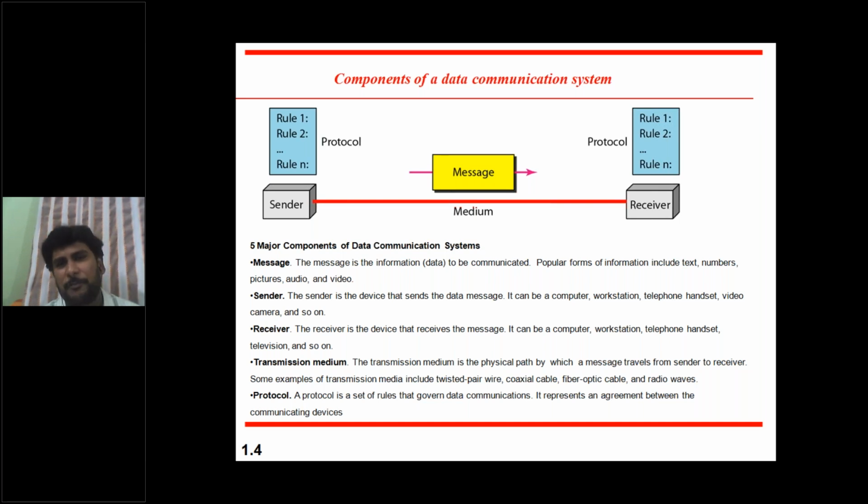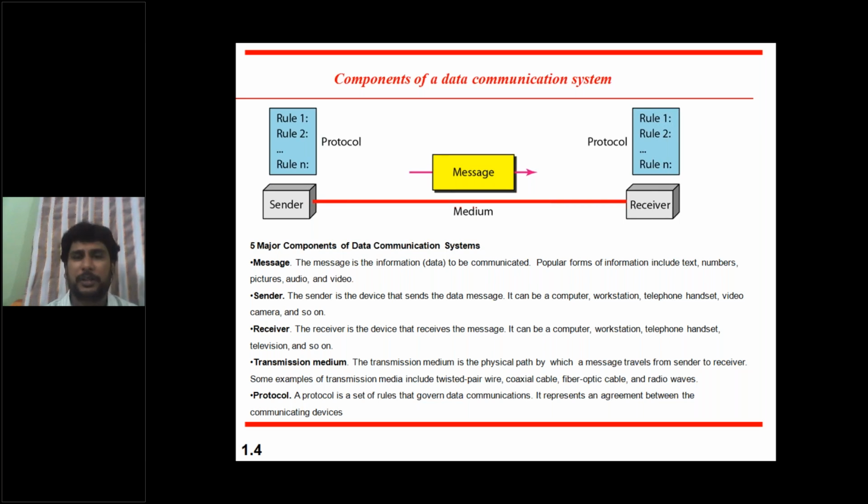So totally there are 5 components of a data communication system. The one who generates a message is called the source, the information to be exchanged is called the message, the transmission path through which you want to send the information is called the medium, the one to whom you are trying to send the information is called the receiver, and finally, the most important, the set of rules and procedures that govern the communication between the sender and receiver, which we refer to as protocol, right?